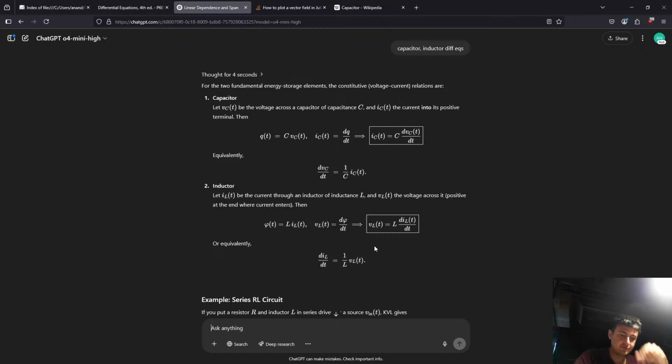And then you just switch it. So for an inductor, dIL/dt is equal to the voltage at the current time over L, which is the inductance.